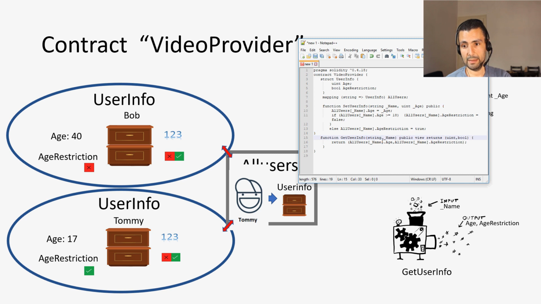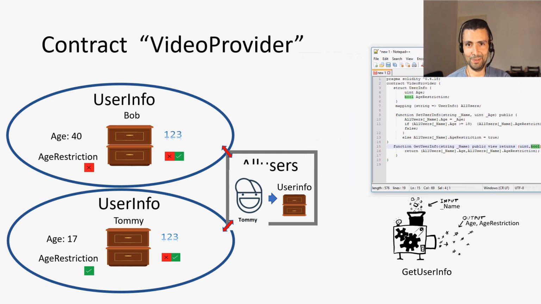So in that case, if I put Bob, then please return for me his uint and boolean, which is stored in the struct. I know this is a little bit confusing for you guys, but let's jump into the Remix in order to make this clearer.